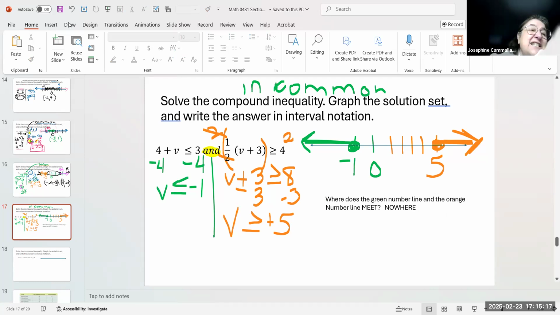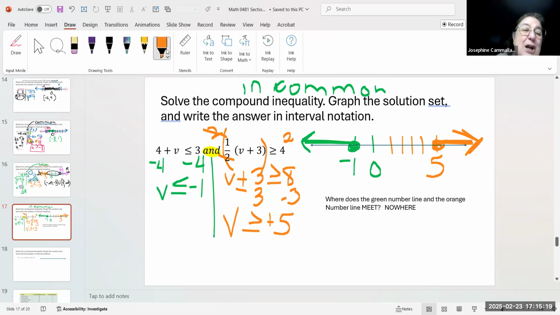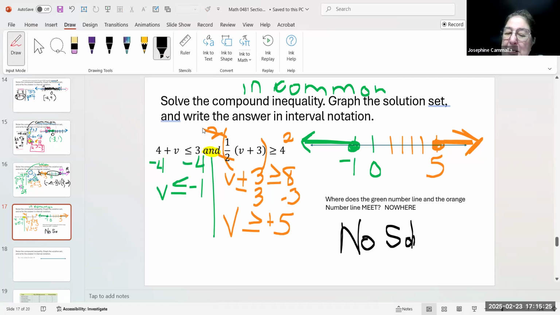This is considered a no solution. And you're going to say, why? They don't meet anywhere. This is the 0 with the bar. They do not meet.